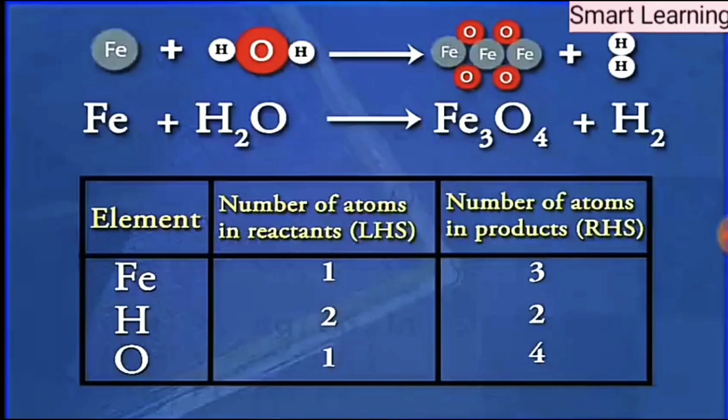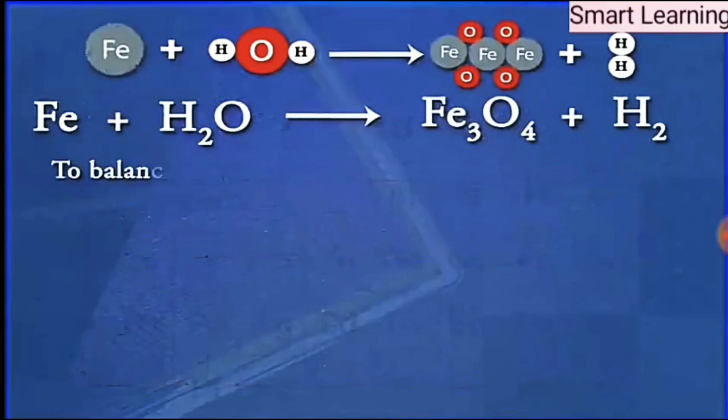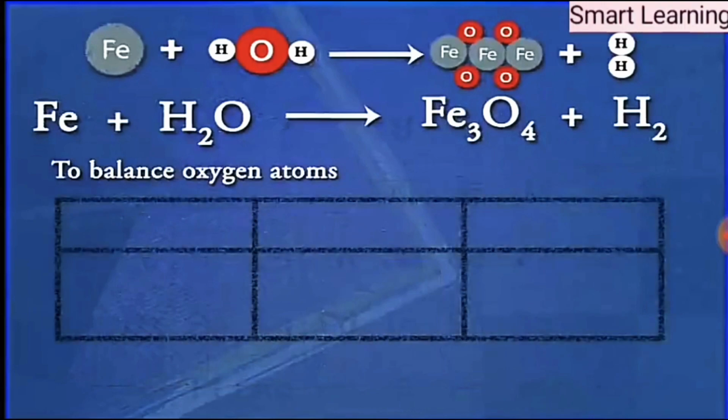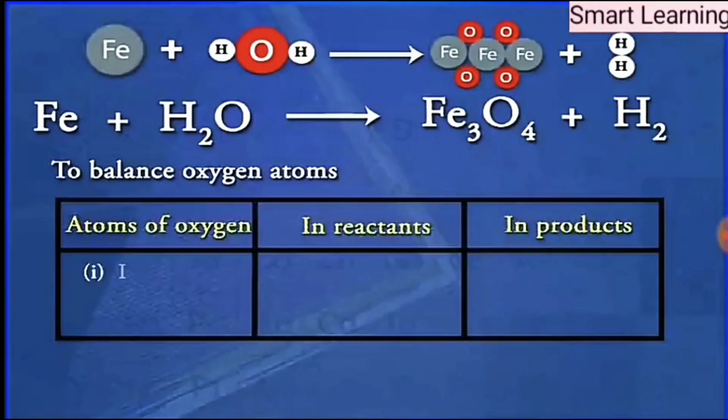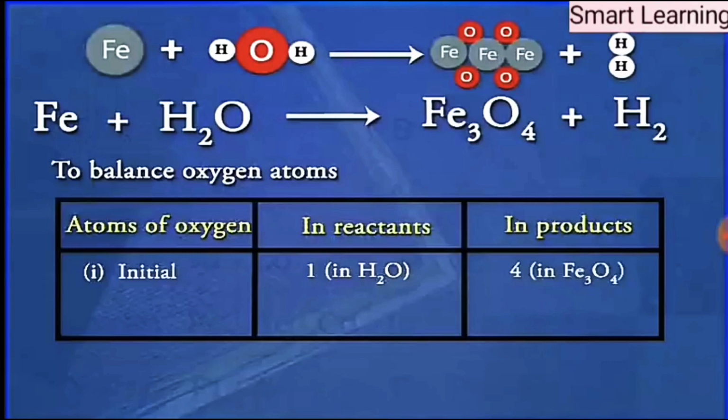We find that Fe3O4 has the highest number of atoms, with a maximum number of oxygen atoms in it. Two to balance, 1 into 4, 4.